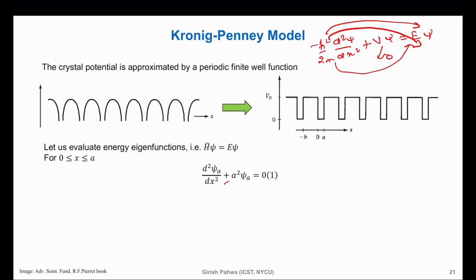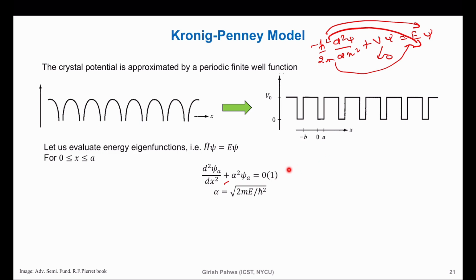And what will be my alpha square? Alpha square will be 2mE over h bar square, correct? Alpha is the square root of that.